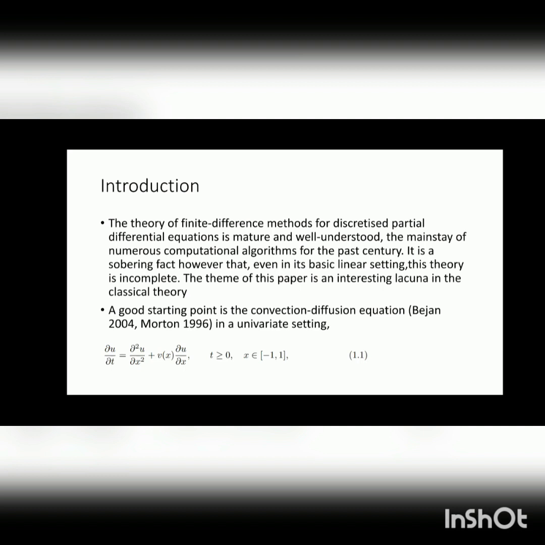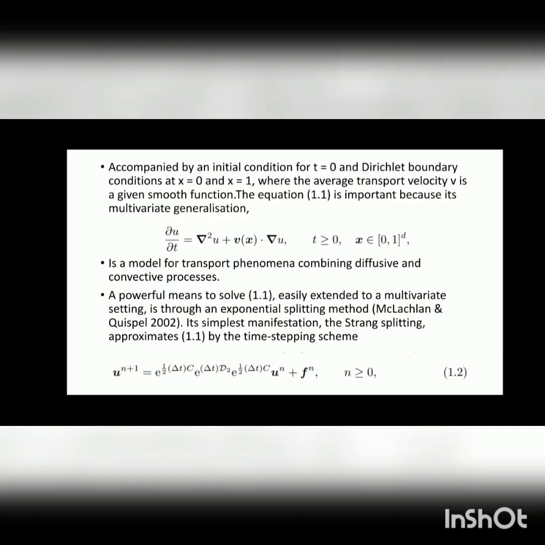A good starting point is the convection diffusion equation, Bijang 2004, Morton 1996, in a univariate setting, and this is the equation, accompanied by an initial condition for t equals 0 and Dirichlet boundary conditions at x equals 0 and x equals 1, when the average transport velocity v is a given smooth function.